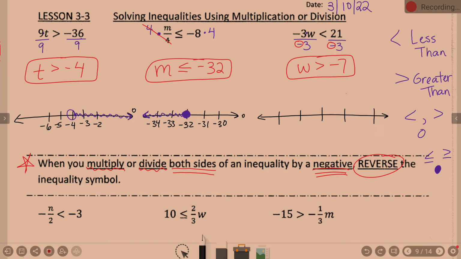Give me some numbers you're putting on your number line. 7. Definitely a negative 7, right? Okay, I'll put negative 8 and negative 9 over here, because remember our negatives are over here. Negative 6 and negative 5.